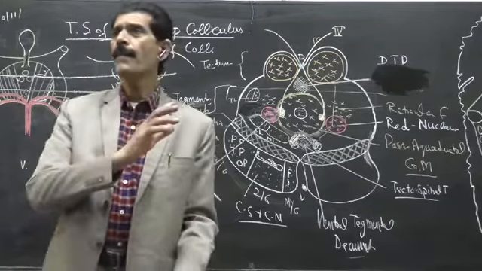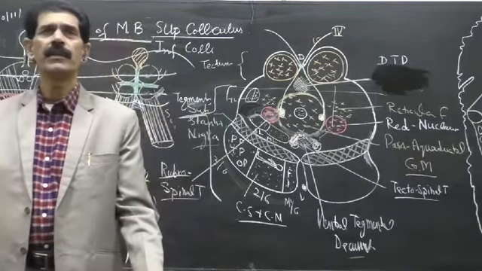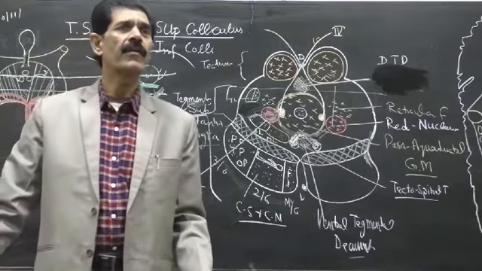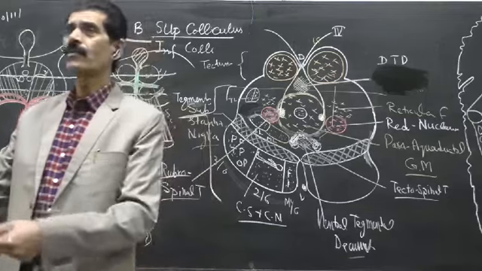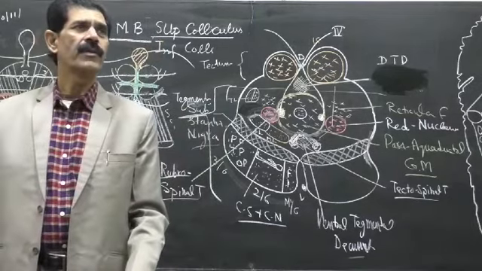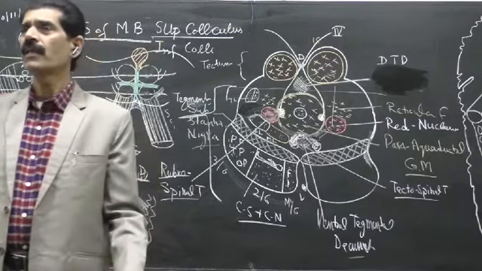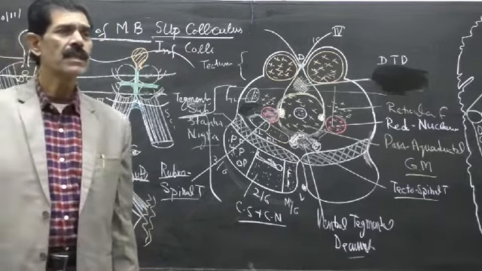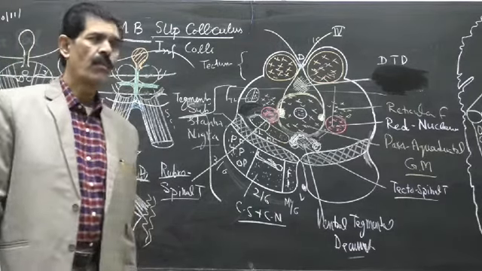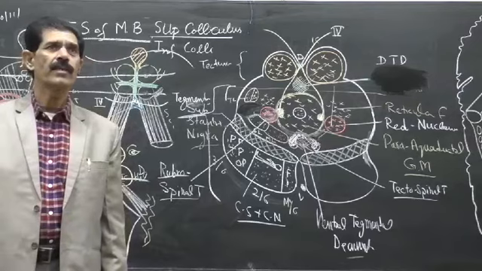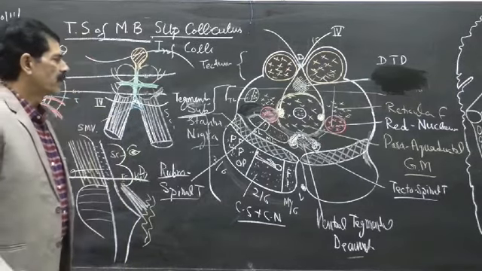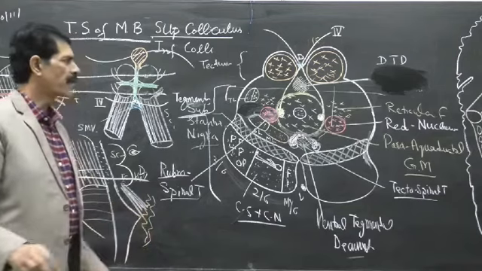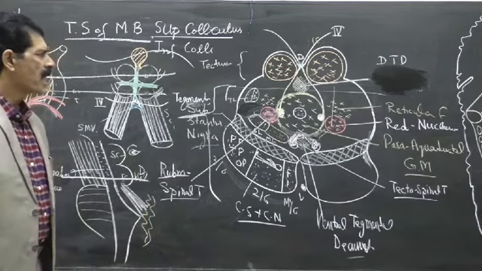At that time, the superior colliculus, the tectospinal tract and the spinal cord ventral horn will be activated and our body is moved. So that is the function of the tectospinal tract as well as the superior colliculus, the reflex movement of the eyeball and the body towards the source of the light. So this is the dorsal tegmental decussation.